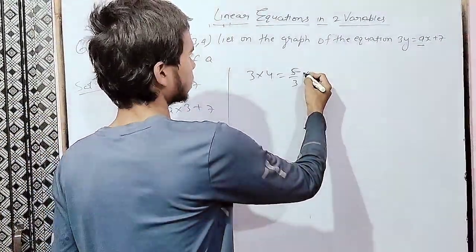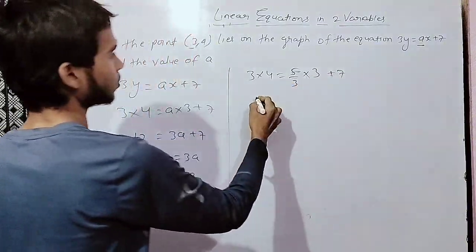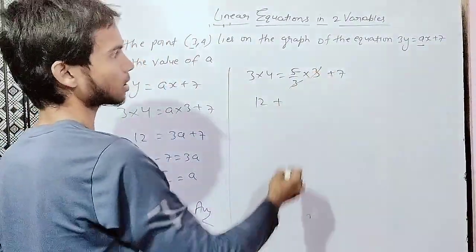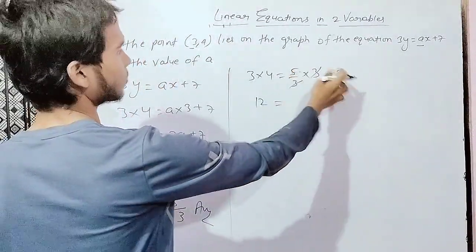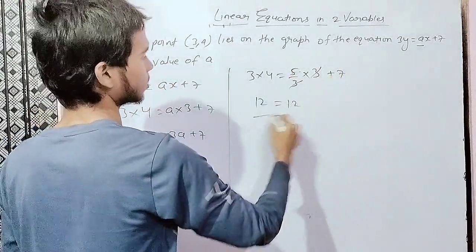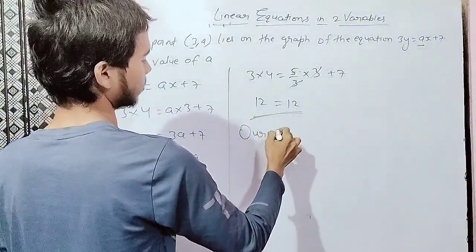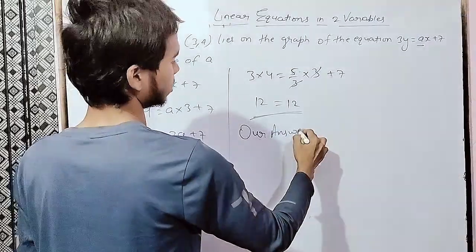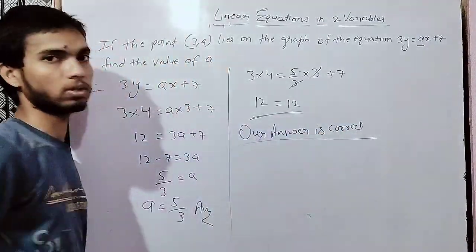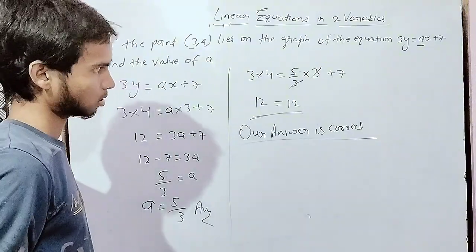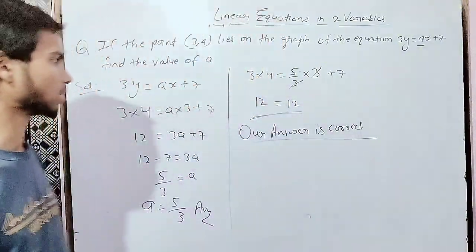So here x is 3, 4 times 3 is 12, and 3 will get cancelled out, so 5 and 7, 12. Yes, this is correct. We can say our answer is correct. So that's how the answer is checked.